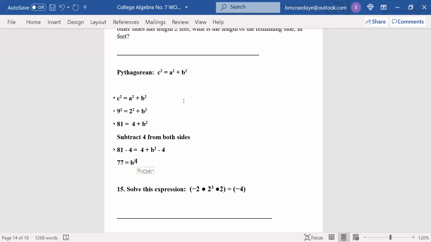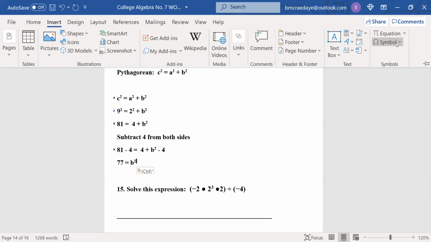I'm trying to insert this and I can't get to it because it's covered up by something. Okay. Let's see. Insert. Symbol. Okay. And let's see.